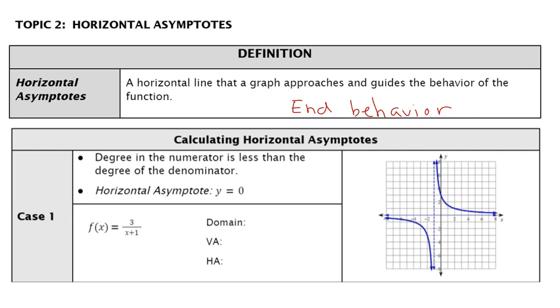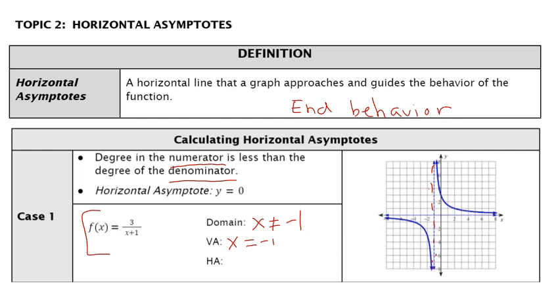One case we can have is where the degree of the numerator is less than the degree of the denominator. An example would be f of x here. Same thing as before: our domain cannot equal negative 1, and our vertical asymptote would be negative 1. You can see on the graph that this connects with what we already did. Then we're going to see our horizontal asymptote.